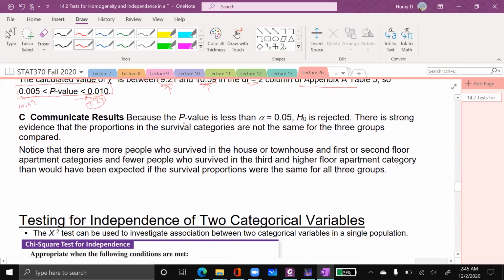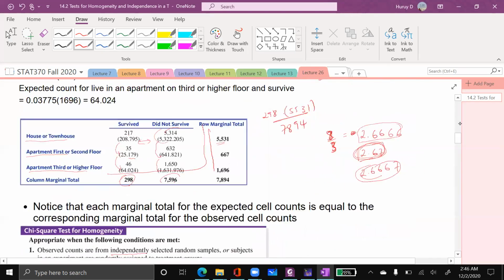Well, now since the p-value is small, then of course H0 is rejected. So we would say there is strong evidence that the proportions in the survival categories are not the same for the three groups compared. Okay. And it was kind of obvious. I mean, not obvious, but you could suspect that because the numbers were not close.